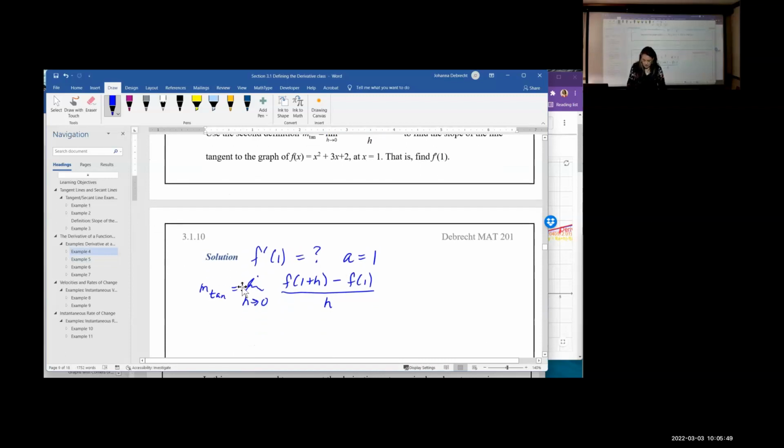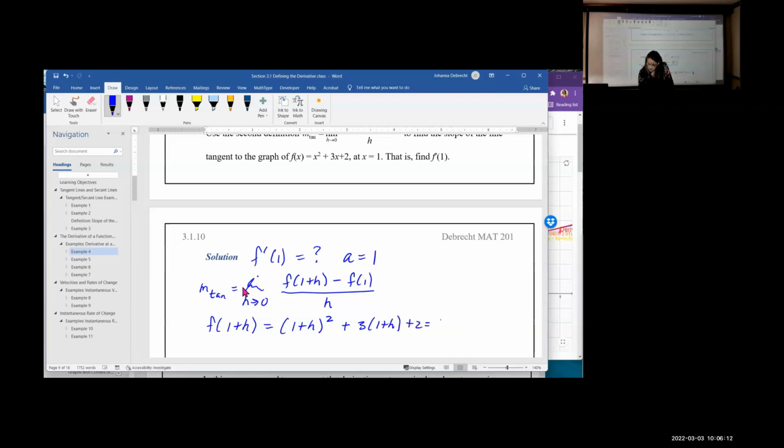I better scroll back so I can see the function. I'm going to do this in pieces because I find that that works better for the difference quotient. So I'm going to find f of 1 plus h first. So I take 1 plus h and I replace the x in the function with 1 plus h.